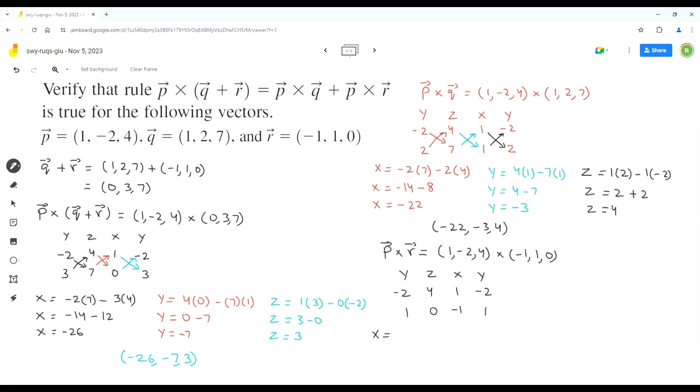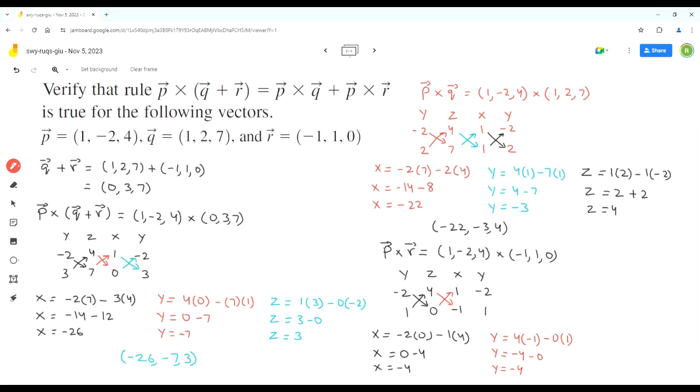So we should cross multiply the y and z components. Now we can calculate the y component. So I get y equals -4.